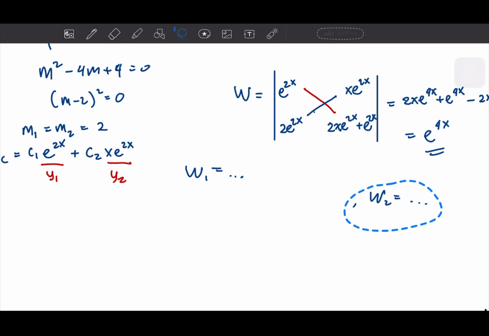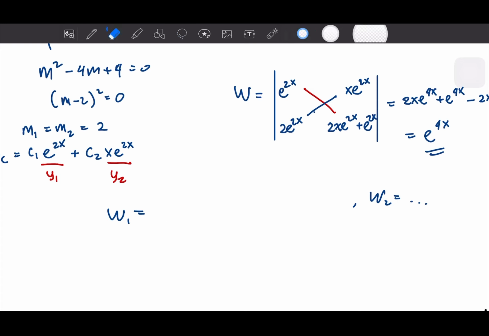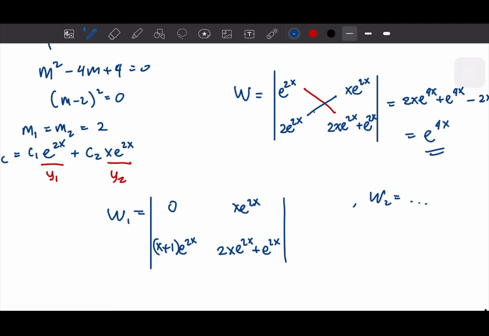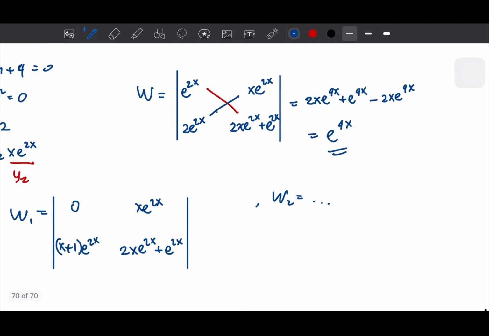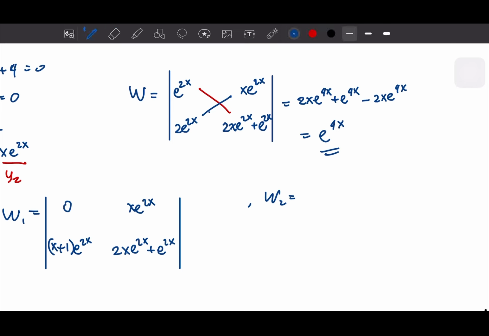And the same thing with y1 and y2. We take 0, (x plus 1) e to the power of 2x, and then x e to the 2x, 2x e to the 2x plus e to the power of 2x. And then do the same thing with this. So this will be e to the 2x, and then 2e to the 2x, this will be 0, and (x plus 1) e to the power of 2x.